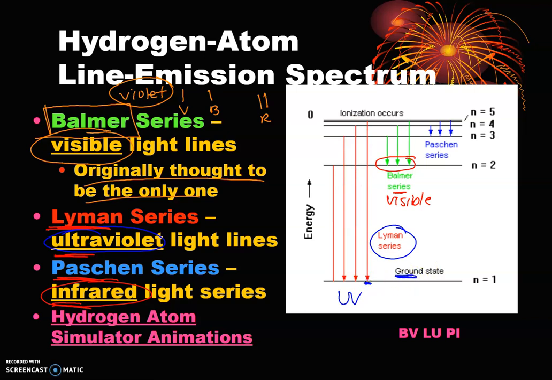And then the Paschen series here, which is the infrared, is going to be when they fall down to the third energy level. So sometimes it bumps up to one, it bumps up to another, and it falls down to different amounts. So it's very interesting how it all comes about.